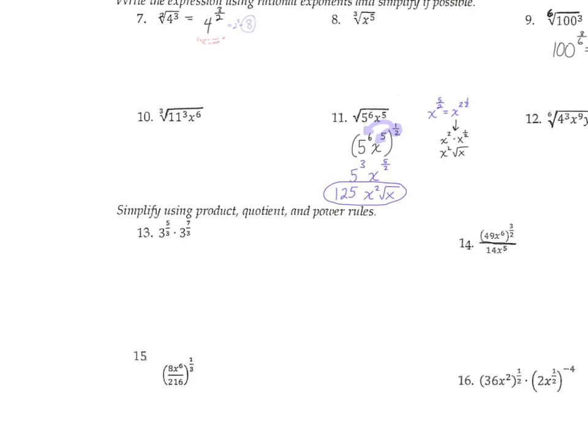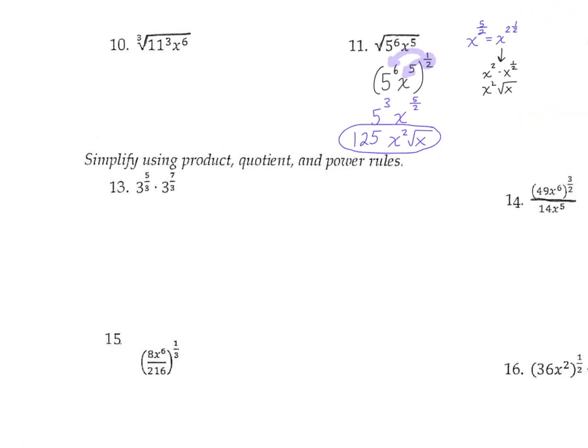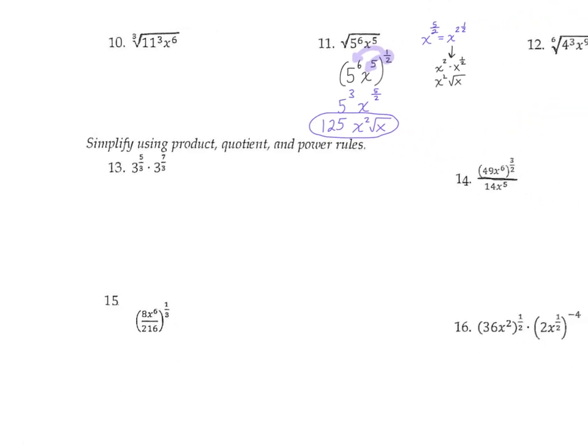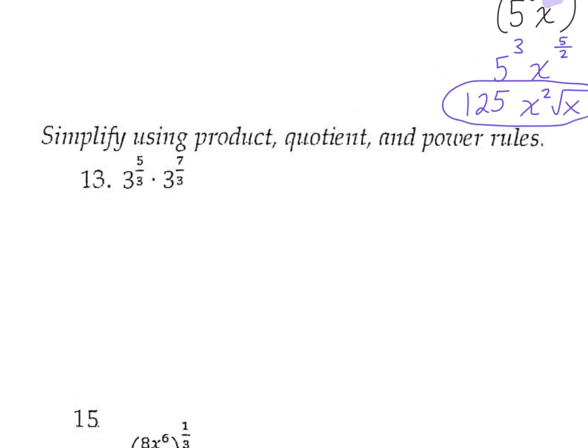On the third section of these problems, we are going to use our exponent rules, right? Specifically our product, quotient, and power rules. And what those rules tell us is that we can add, subtract, and multiply exponents in certain situations. In this specific situation, we have a base of 3, and we are multiplying those two terms together. When we do that, we can add the exponents.